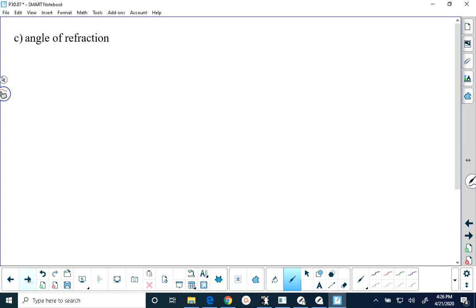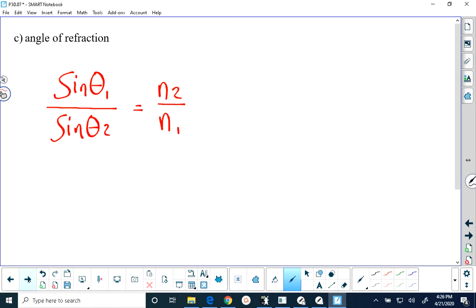We take a look at C. C asks for the angle of refraction, so we're going to have to make use of sine of theta 1 over sine of theta 2 equals N2 over N1. You could certainly use V1 over V2 or lambda 1 over lambda 2 because you know all of that now.